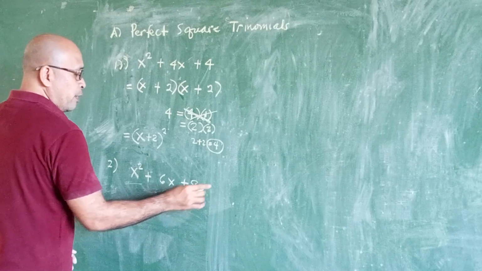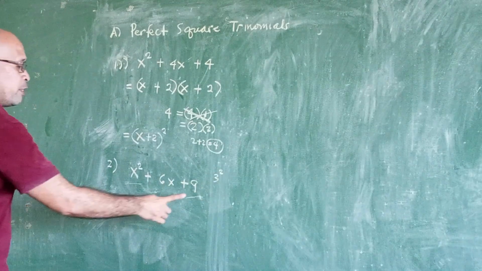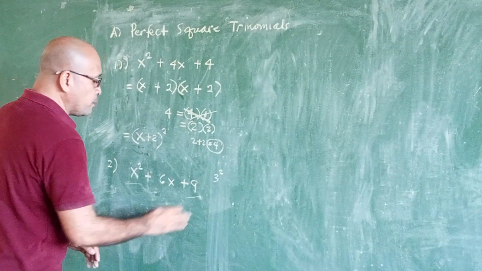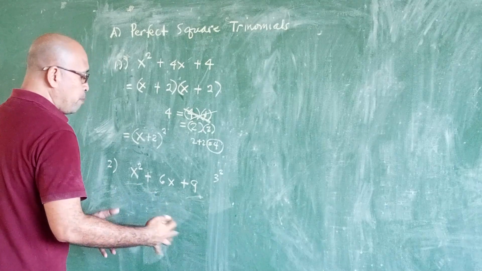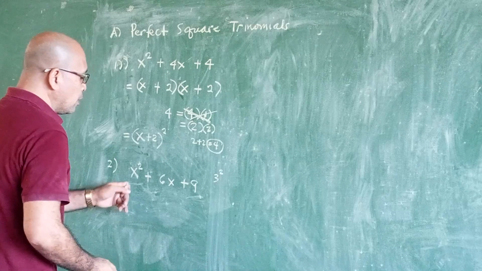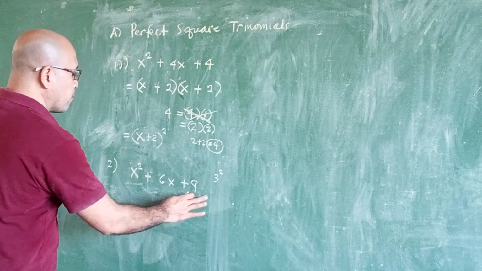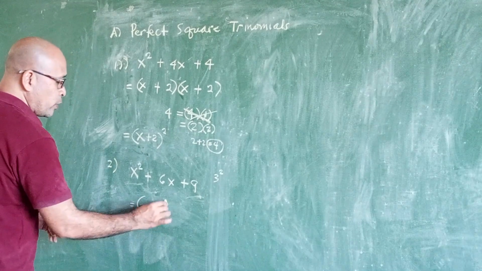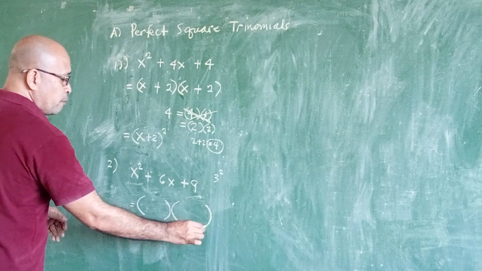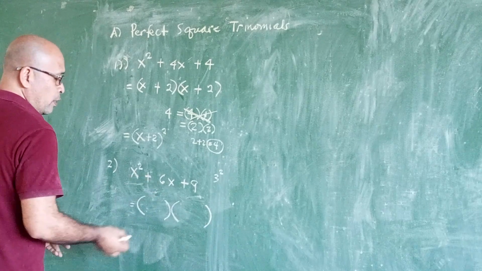9 can be rewritten into 3 raised to the power of 2. So therefore, perfect square. And this is just a partial basis for you to consider that the given is really a perfect square trinomial. And as I said earlier, if it is a perfect square trinomial, your two binomials as factors of the given are all the same.